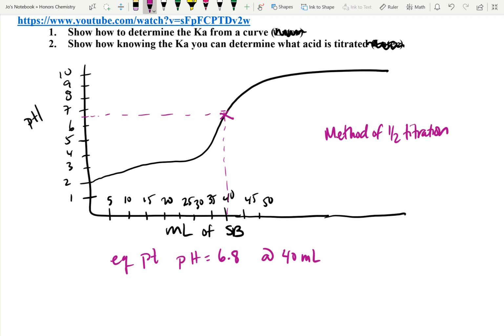So what we do is we figure out that it's at 40 milliliters, and at half, that would be 20 milliliters. So we're going to go to our 20 milliliter mark and go up. At 20 milliliters, we are going to say it has a pH of, I don't know, let's call it 3.2.